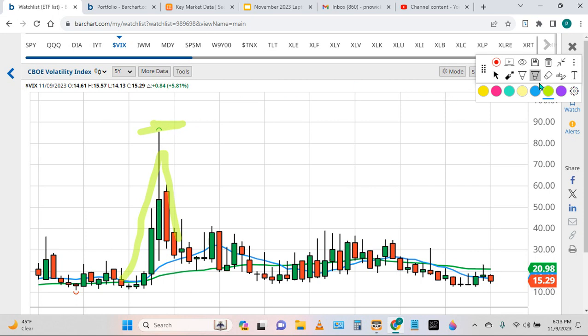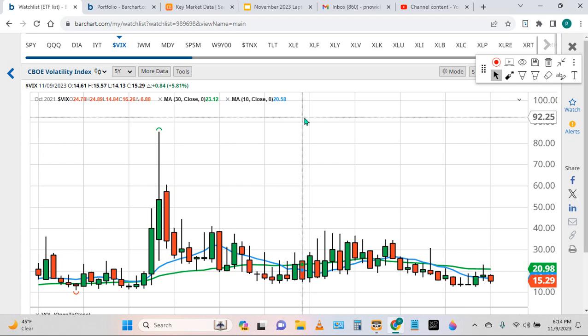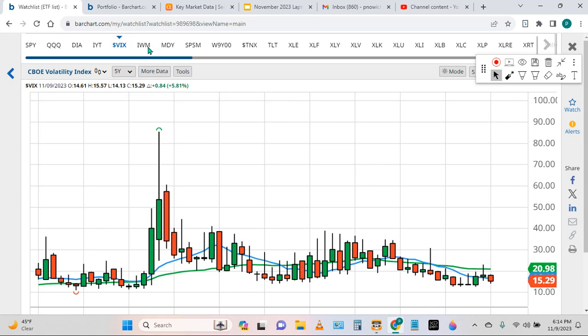I believe the great financial crisis got up in the 80s, if I remember right, back in 2008, 2009. So just to give you a historical context of volatility, generally it stays between 13 and 30, which is a pretty normal range.